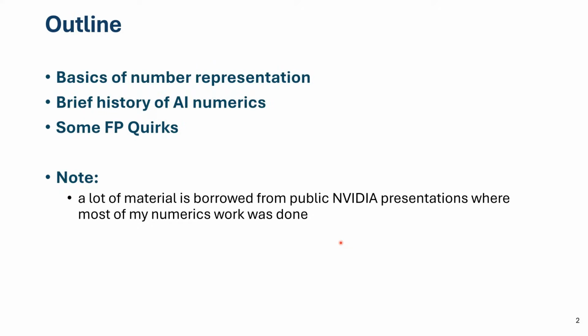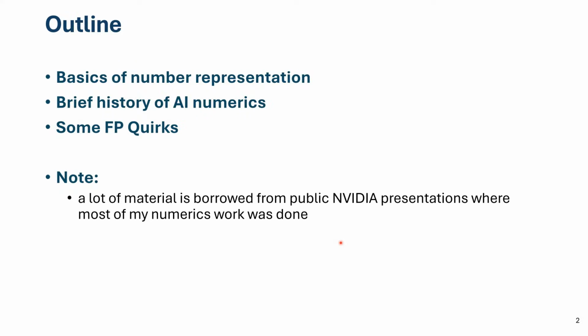And a quick outline, just so you have a mental map of what topics are coming in what order. I'll go through some basics of number representation, and I'll try not to spend too much time there, but I think it will suck up some time. That will lay the groundwork for then talking briefly about the history of different numerics used in AI.